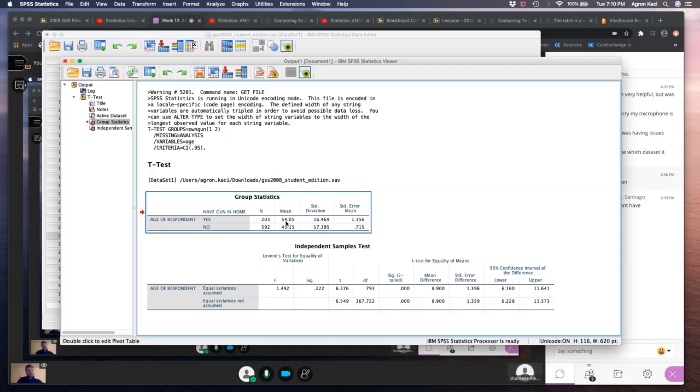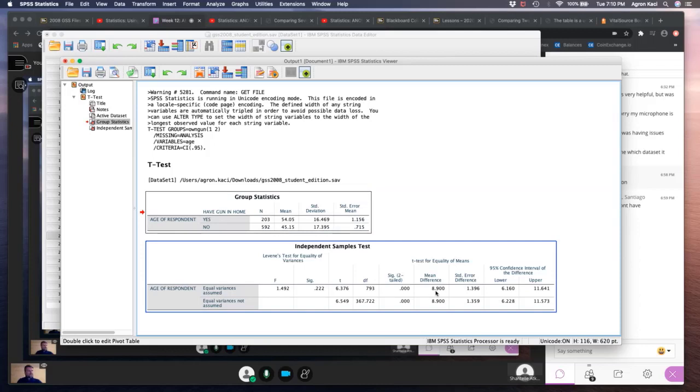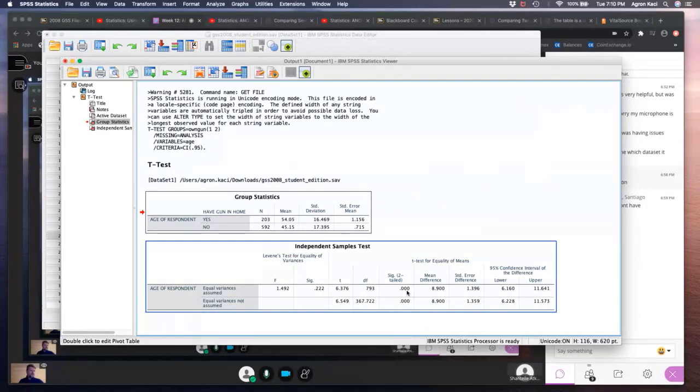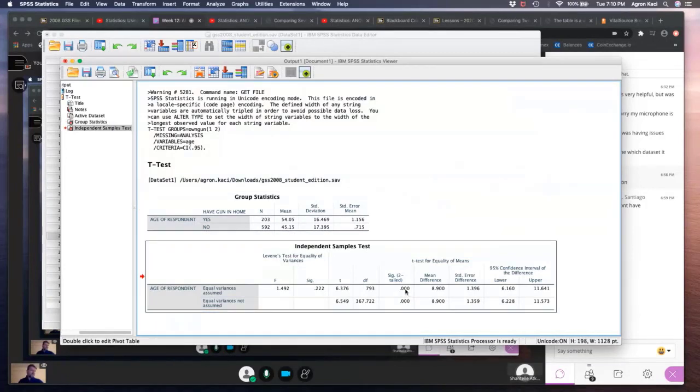All right. Now, is this 9 years, or 8.9 years, this mean difference, significant enough that we can confidently say there is a significant difference? It seems like there is, because the significance is 0.000 in both of these.